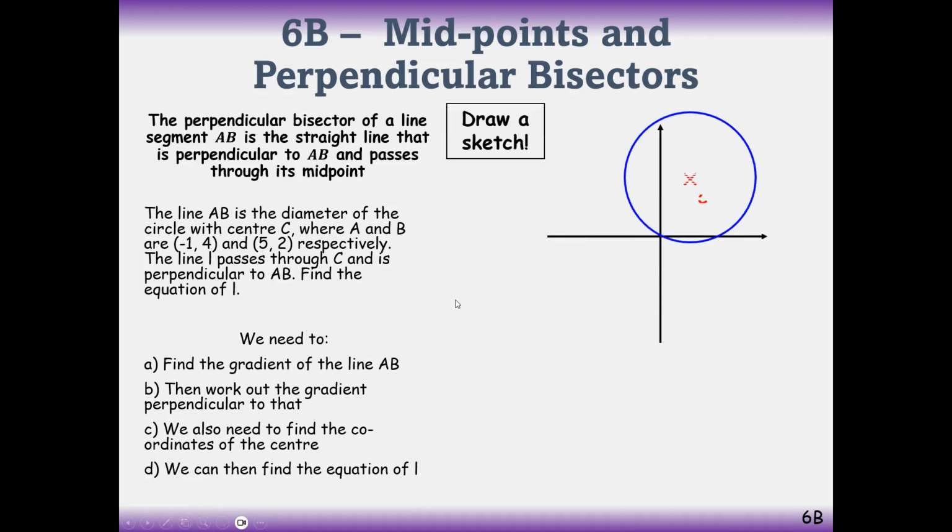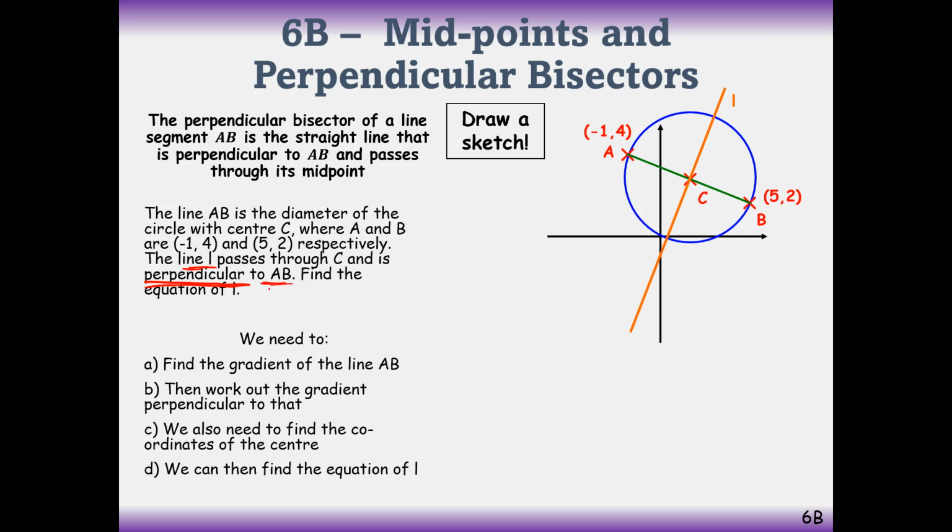so here we go. We're just building up a picture here, and sorry, I missed out here, perpendicular. So L passes through C, but L is perpendicular to AB.